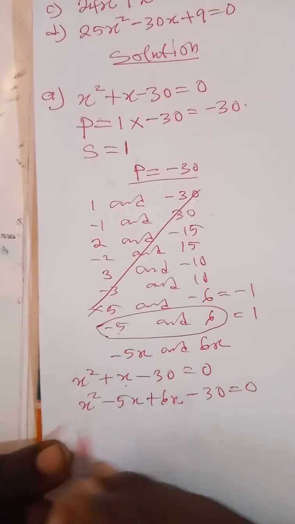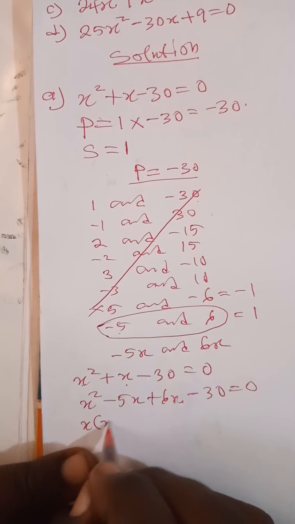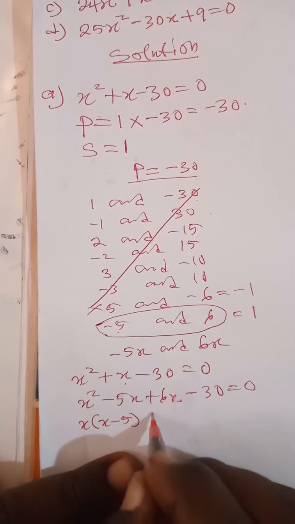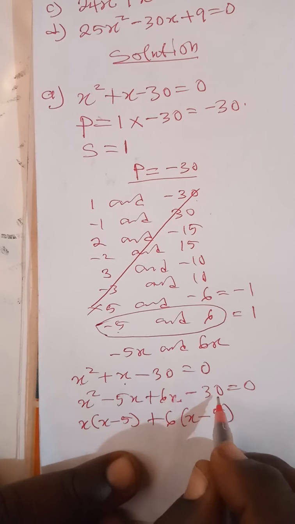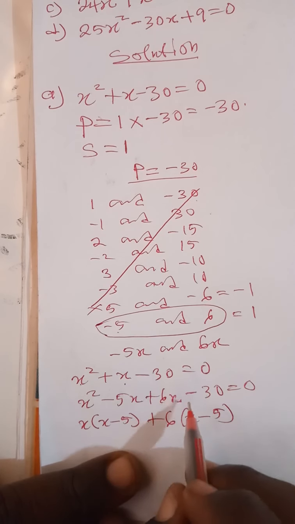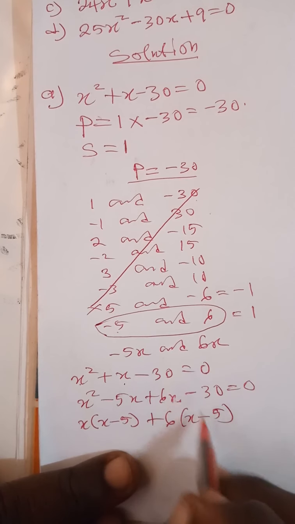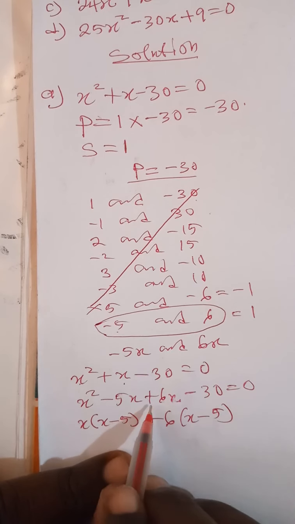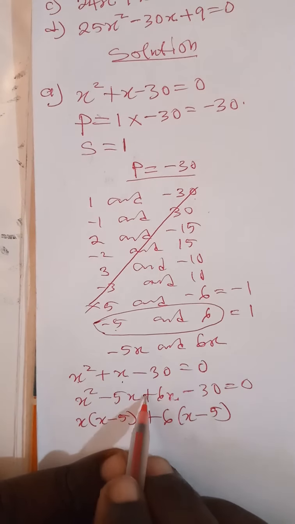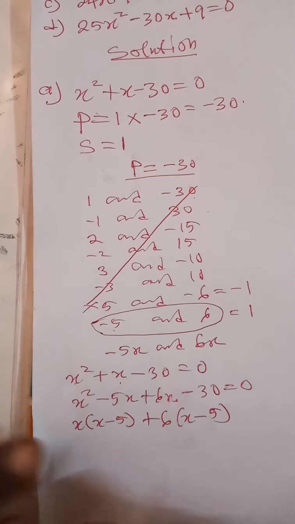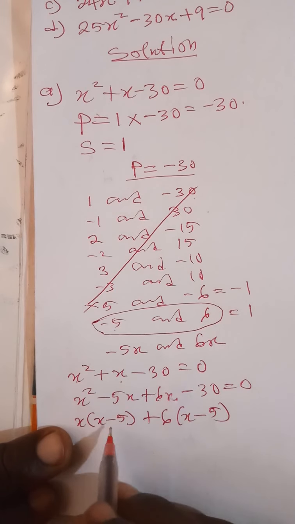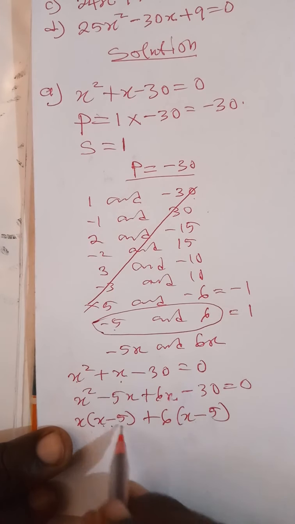And so I can factor out x here: x times (x minus 5), then plus 6 times (x minus 5). Notice that the sign here did not change. The sign here remains positive because it is positive that is here, right? If it were negative, then the sign here would have changed. Okay, so again, notice that this and this are the same: x minus 5, x minus 5.